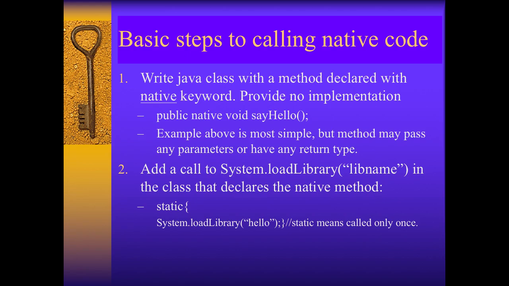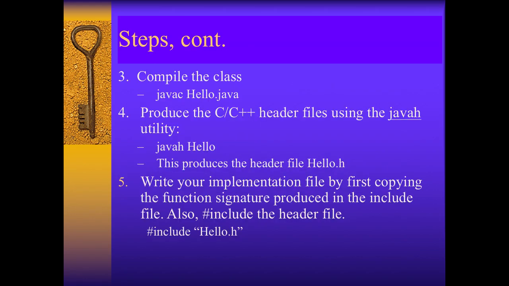When you declare a method as being native, you provide no implementation, and then in order to get the implementation, you do a System.loadLibrary. This gets done in a static bracketed block right in here. And if the library can't be found, then your program is pretty much dead in its tracks.